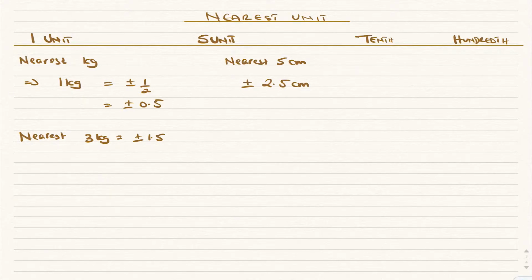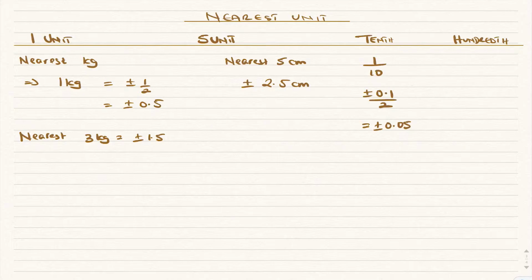They might say nearest tenth. A tenth is 1/10. That's what a tenth is. And therefore your bound will be plus or minus 0.1 divided by 2, because a tenth is 0.1. And that will give you plus or minus 0.05. So that will be your bound.